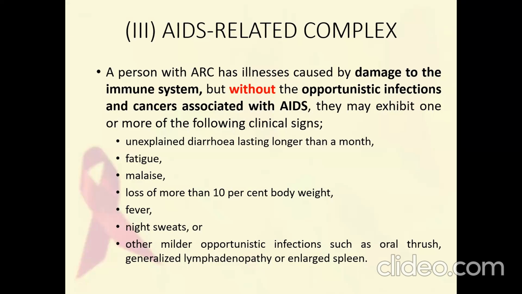So a person with ARC has illness caused due to damage to the immune system. And their signs are unexplained diarrhea lasting longer than a month, fatigue, malaise, loss of more than 10% body weight, fever, night sweats, and some other opportunistic infections like oral thrush, generalized lymphadenopathy, or enlarged spleen.